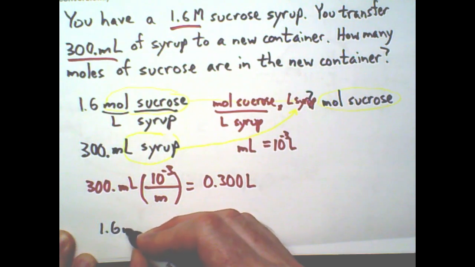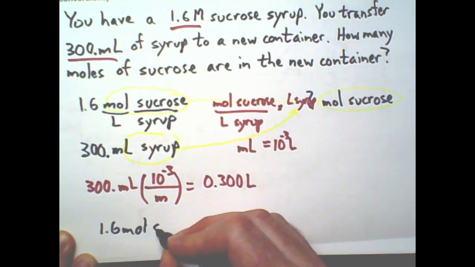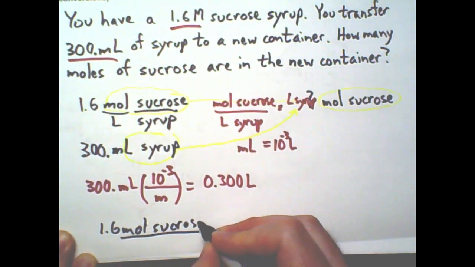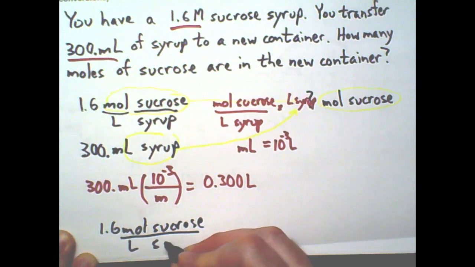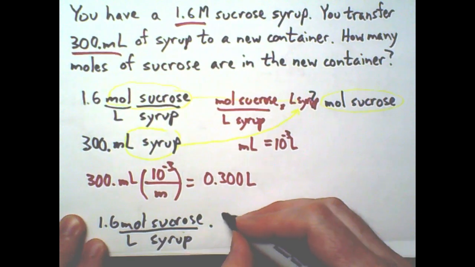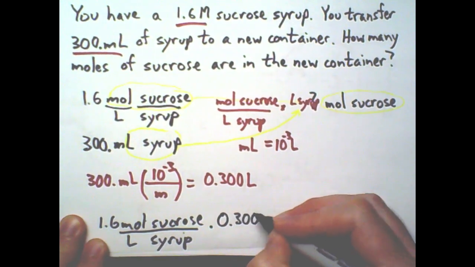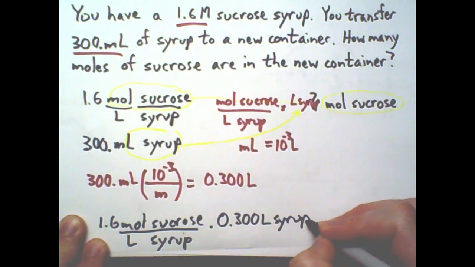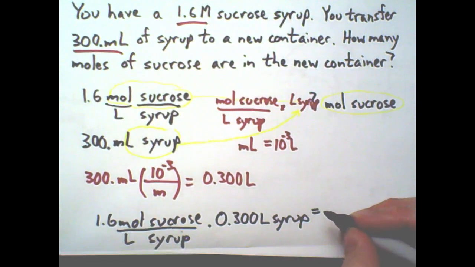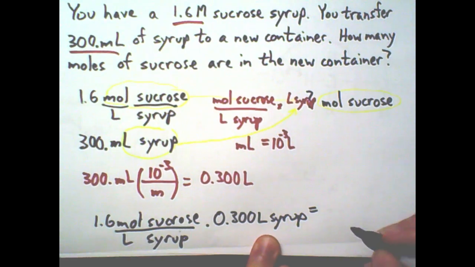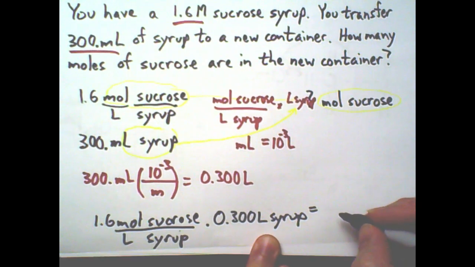1.6 moles sucrose per liter syrup times 0.300 liters syrup, it's going to give me 0.3 times 1.6.